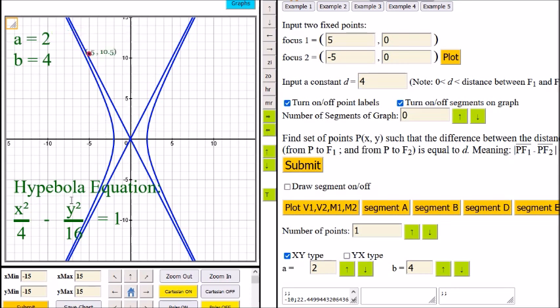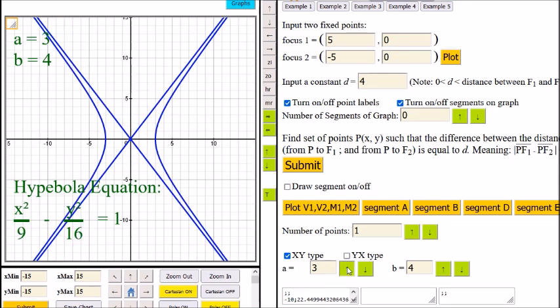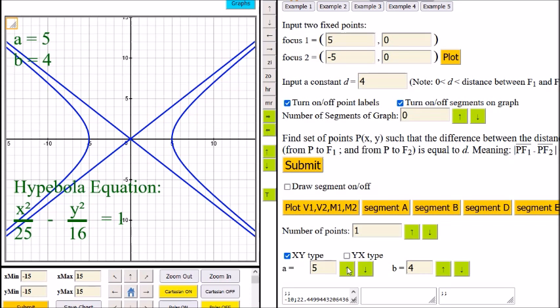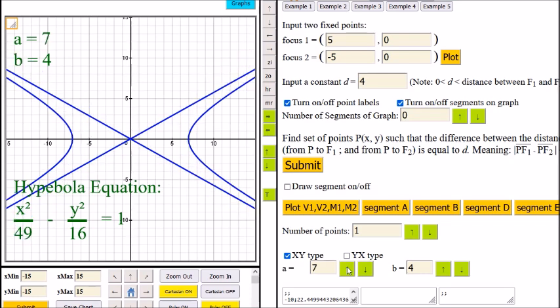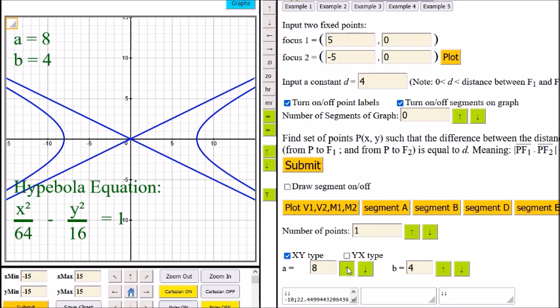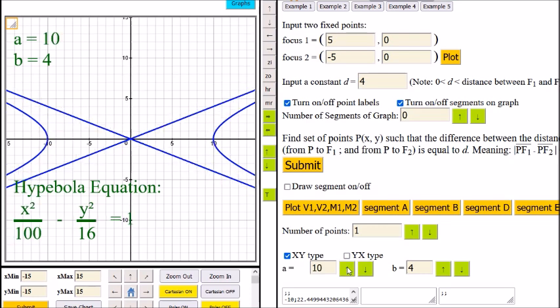So here we have the graph for the hyperbola x squared over 4 minus y squared over 16 equals 1. So here a is 2 and b is 4. So now let's vary a and see what happens to the graph. So here's when a is 3, a is 4, a is 5, a is 6, a is 7, a is 9, a is 10.